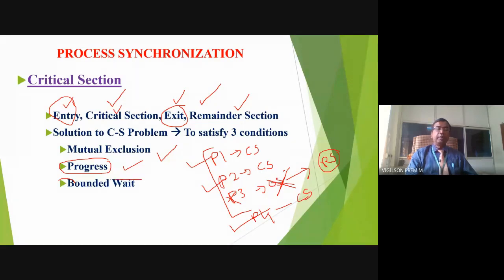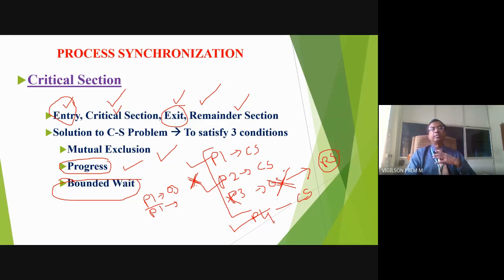The third one is bounded wait. Bounded wait means P1 is requesting the OS for the critical section. The OS is not granting. After some time, again P1 is requesting, and the OS is not granting due to some priority, or due to some unavailability, or due to the size of the process. Many reasons are there. After some time, P1 is requesting and the OS is not allowing.